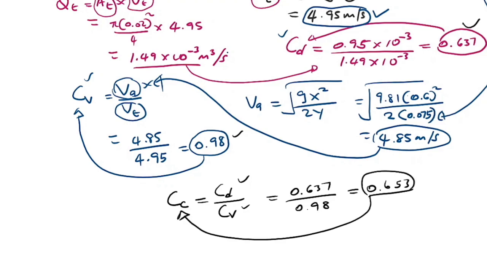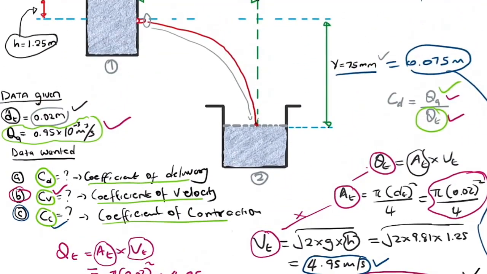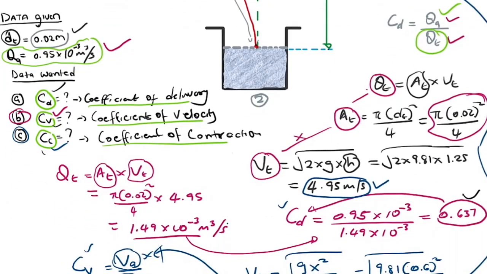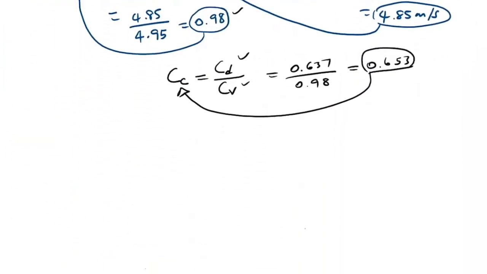Now you find all your answers here. You find Cd, you find Cv, you find C subscript c, which is the coefficient of contraction. That's what they were looking for. So the formula to calculate this, I'll write it clearly here. Cd is equal to actual discharge over theoretical discharge.